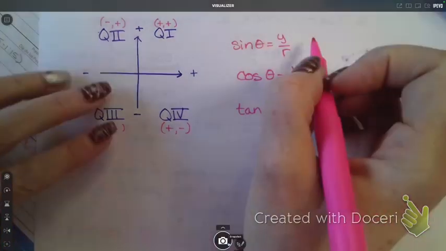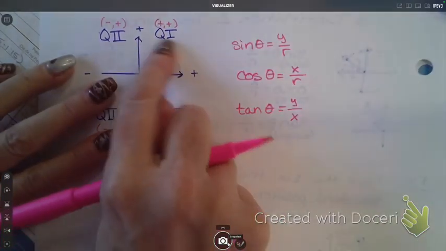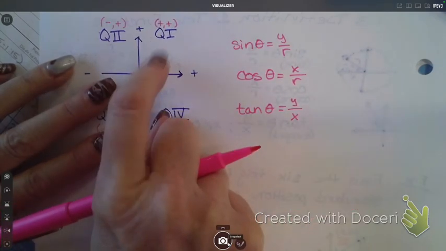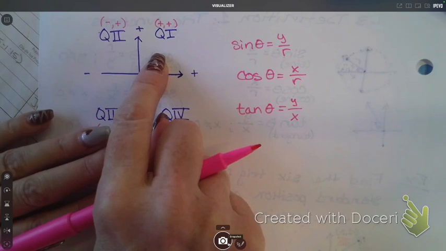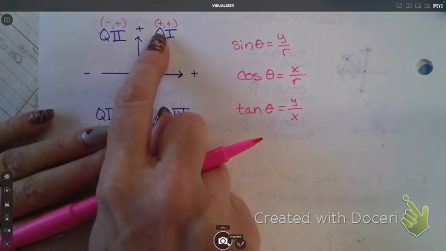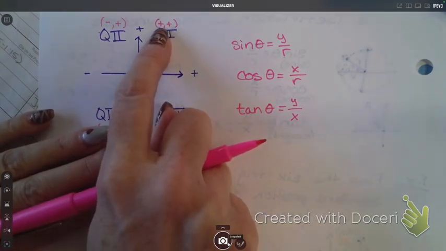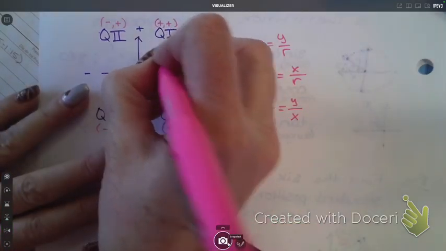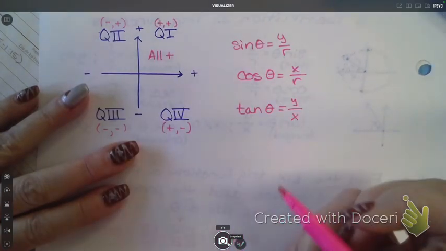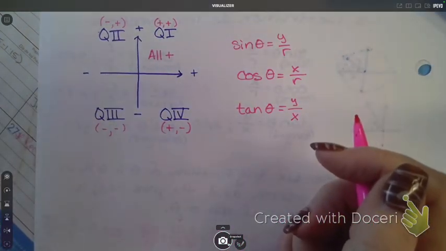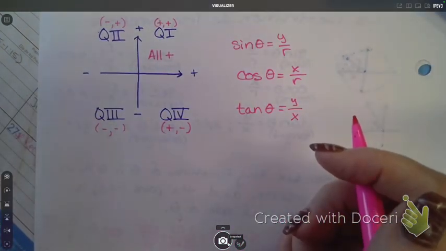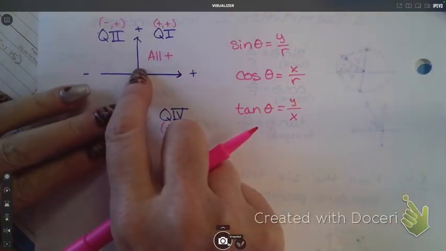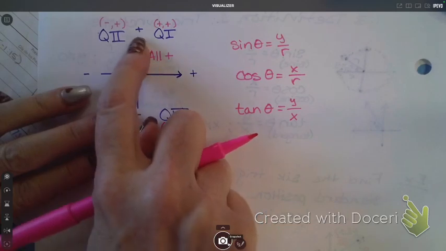Okay. So which sine, cosine, or tangent are positive here in the first quadrant? All of them. Because x and y are both what? Positive. So all are positive. So in the second quadrant, what's positive? Sine.